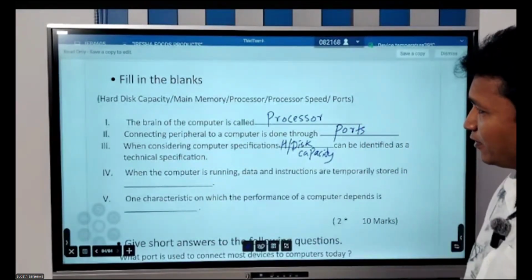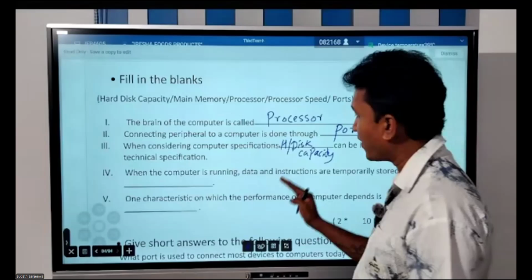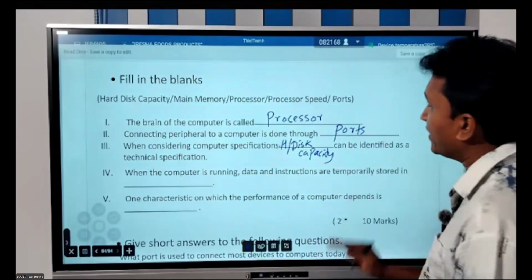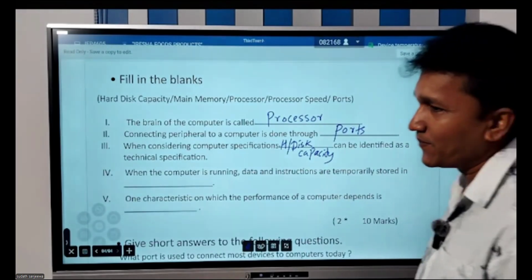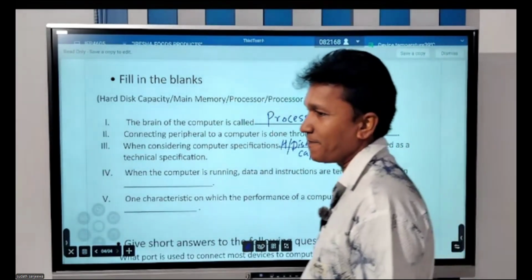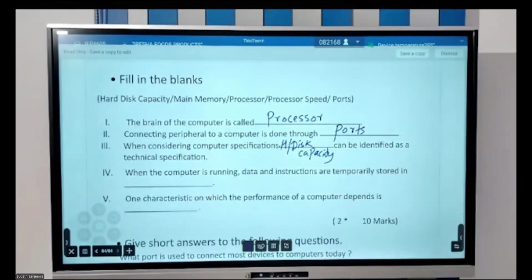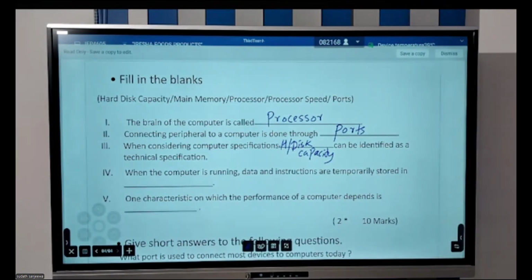When the computer is running, data and instructions are temporarily stored in where? Data and instructions are temporarily stored in, where is stored temporarily?